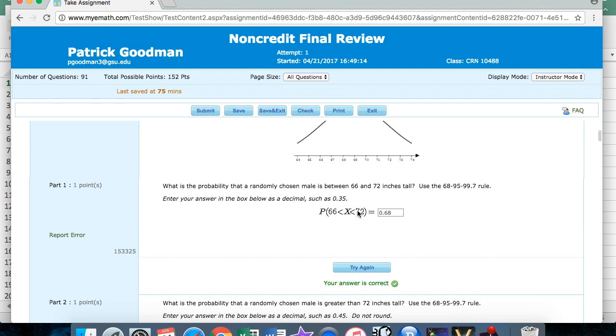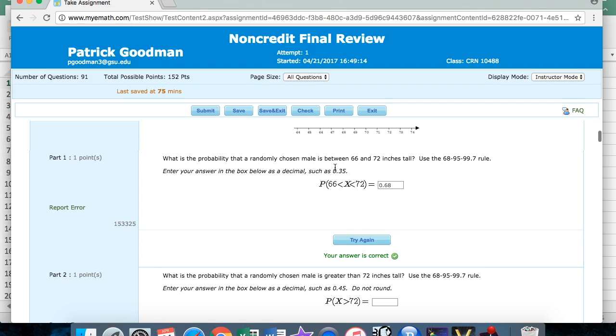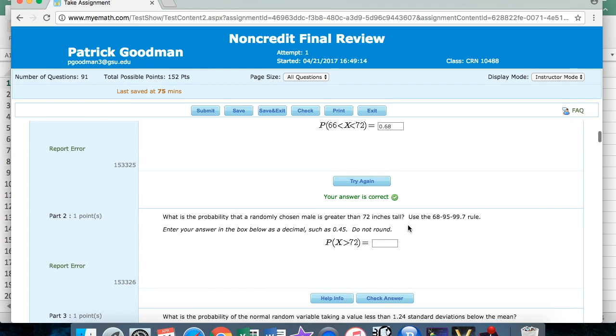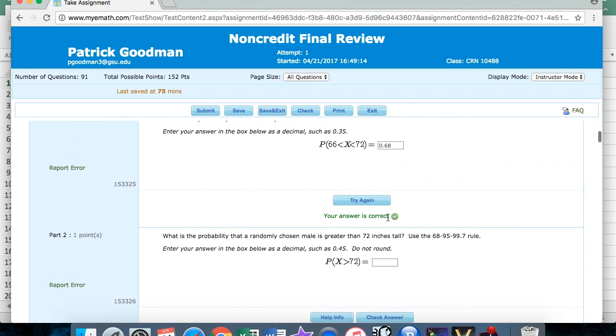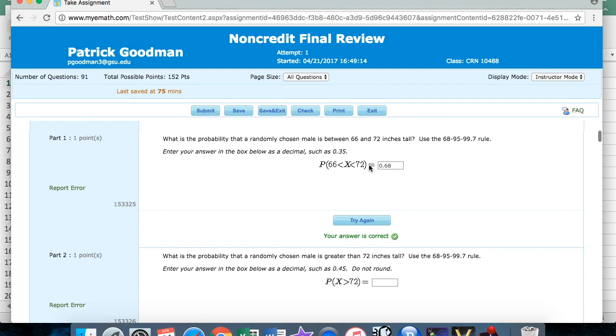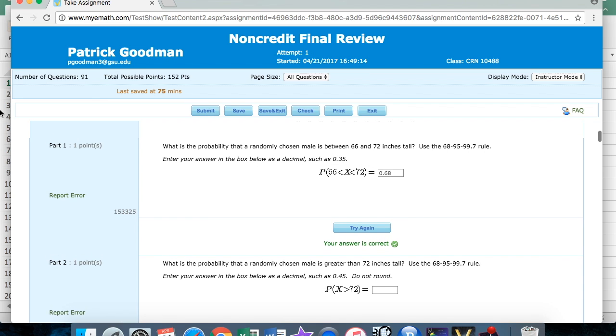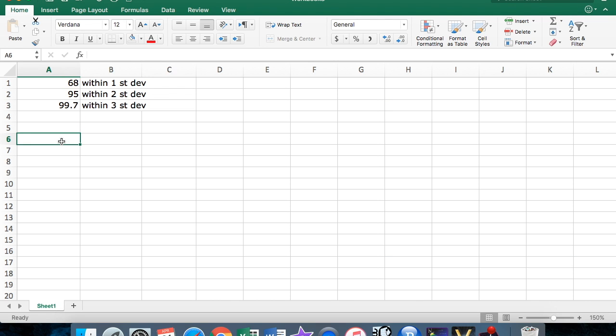Okay. These are pretty easy, but you might need a little help from technology with this next one if you want. Now we want the probability that a chosen male is greater than 72 inches tall. In other words, we want greater than one standard deviation up, right? So what I would do is take the whole, which should be 100%, so 1 minus the within one standard deviation.